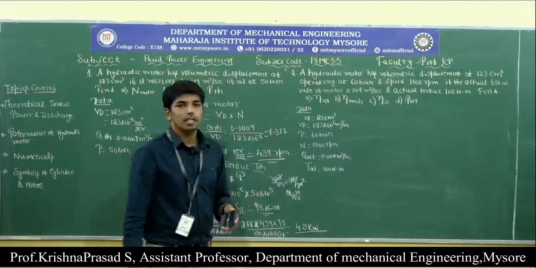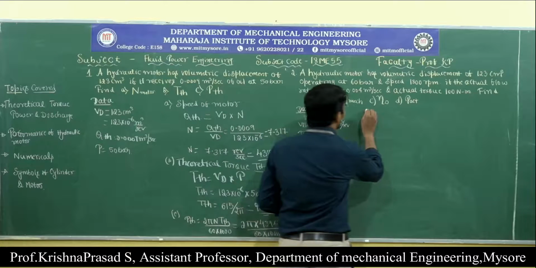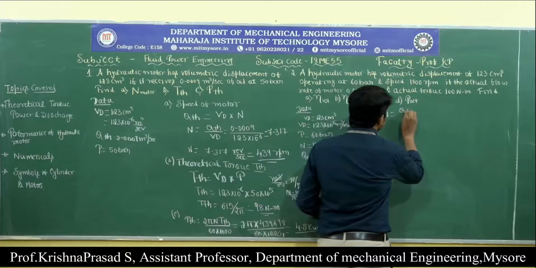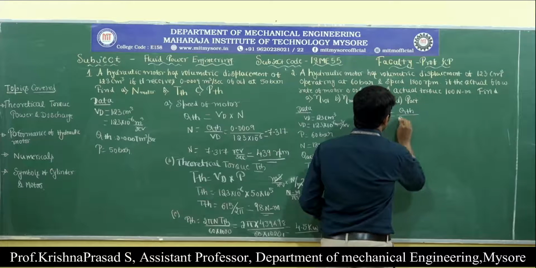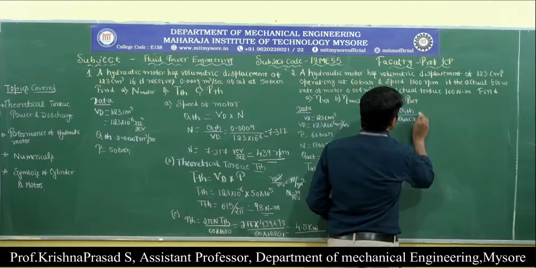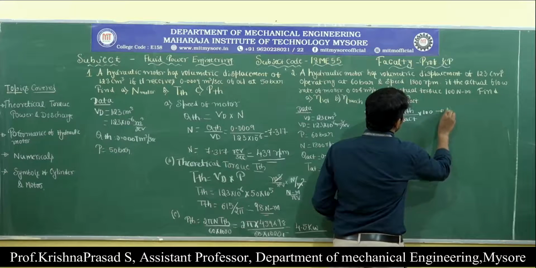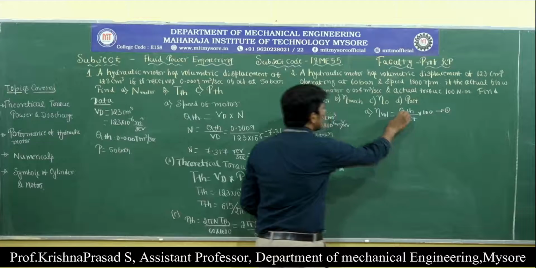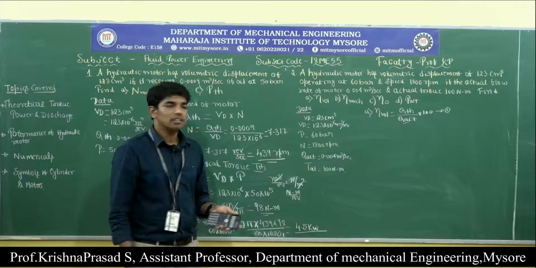So first they are asking about the volumetric efficiency. So the volumetric efficiency formula is nothing but theoretical discharge by actual discharge into 100. Call it equation number 1. Here they have given the actual discharge, but we need to calculate the theoretical discharge.